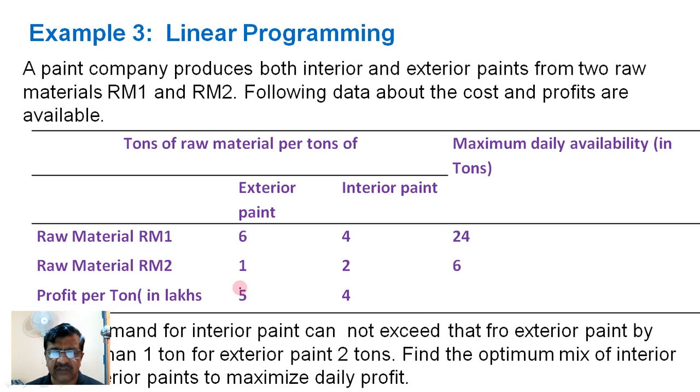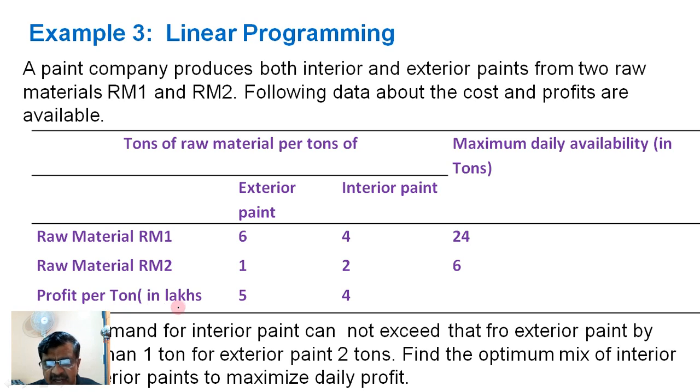24 tons of raw material should be available for exterior paint in order to manufacture 6 tons of exterior paint and 4 tons of interior paint. For material 1 and material 2, to manufacture exterior paint it should be 1 ton and 2 tons, and the maximum daily availability of raw material RM2 should be 6.